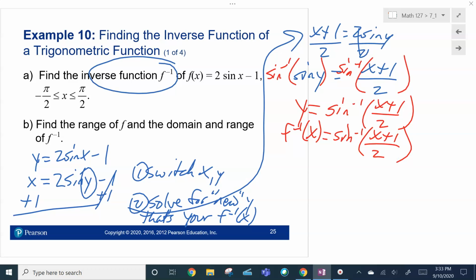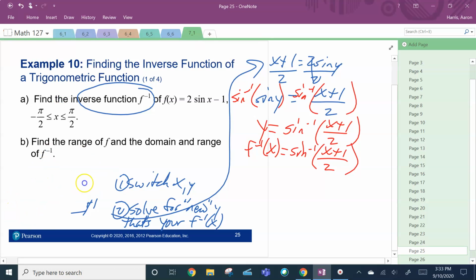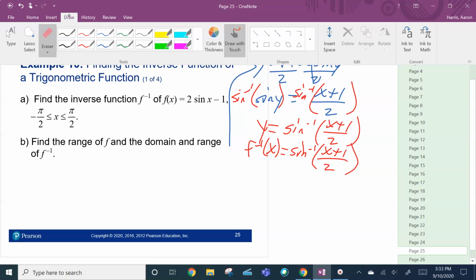Now find the range of f and the domain and range of f inverse. So let me erase this a little bit. So y equals 2 sine x minus 1. Let me talk about that one first.